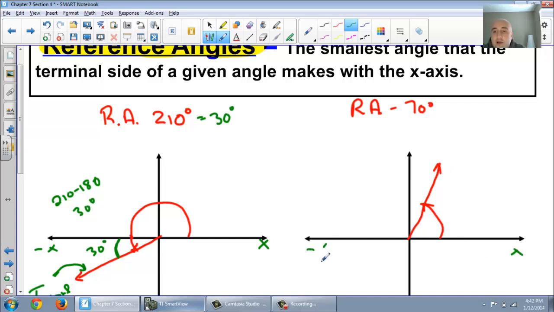Which one am I nearest to, the positive x-axis or the negative x-axis? I'm closest to the positive one. What is the reference angle of 70 degrees? How far is that line from the x-axis? If you're in the first quadrant, the reference angle is just whatever the angle is. So the reference angle of 70 degrees is 70 degrees.